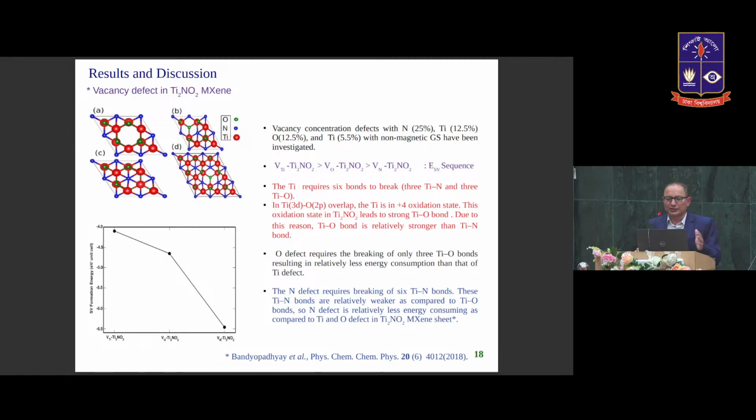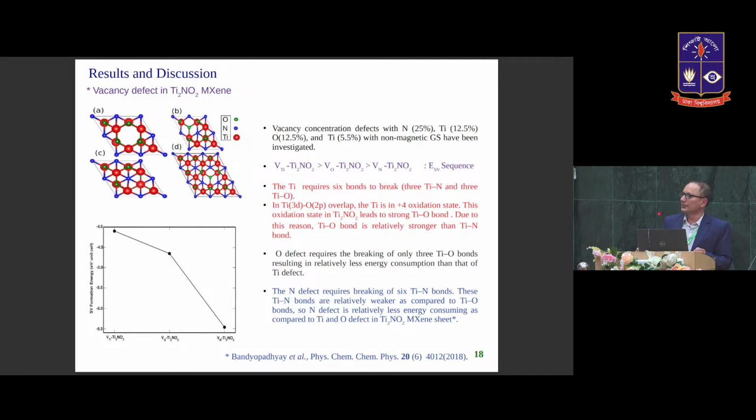It is mainly due to the Ti requiring the Ti-N and the 3 Ti-O bonds, because the Ti 3D bond and O 2P overlaps, which gives the 4 oxidation state as in the previous one, and so the Ti-O bond is relatively stronger than that of the Ti-N bonds, because when Ti D orbitals mix with the oxygen, it fulfills the +3 oxidation state.